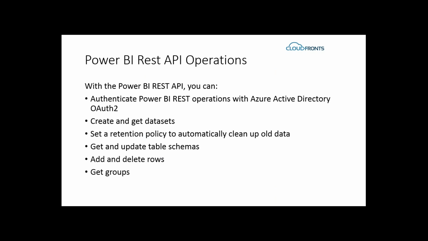Next, we'll take a look at what operations we can perform using the REST API. First and foremost, we can authenticate our users. Then we can create new datasets and get existing datasets. Each dataset has its own ID, its own GUID, so we can get the GUIDs of the datasets. We can set up a retention policy; I'll come to what that is in my coming slides.